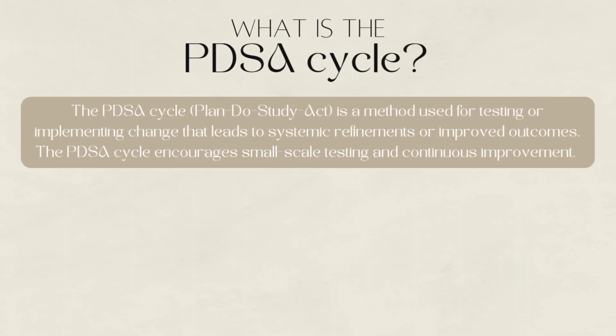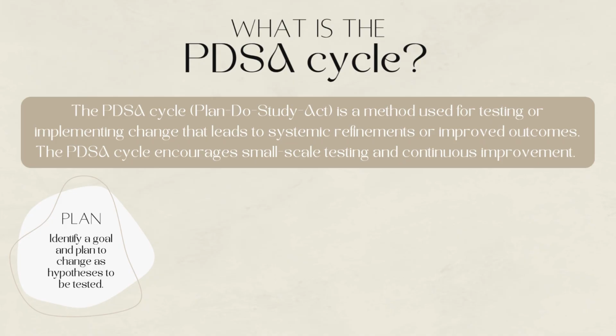Let's begin by discussing what the PDSA, or Plan, Do, Study, Act cycle is and each of its steps. The PDSA cycle is a method used for testing or implementing change that leads to systemic refinements or improved outcomes. The PDSA cycle encourages small-scale testing and continuous improvement. Step 1 is the plan stage.